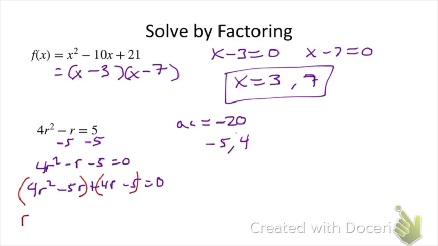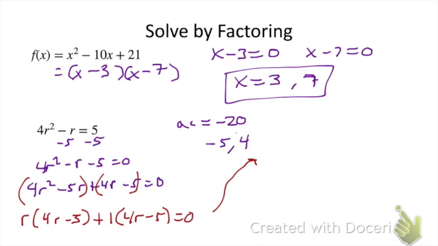We have r. This is 4r minus 5. All we can take out of the next group is a 1. Leaves 4r minus 5. From here, we have 4r minus 5 as a factor, and r plus 1 is a factor.